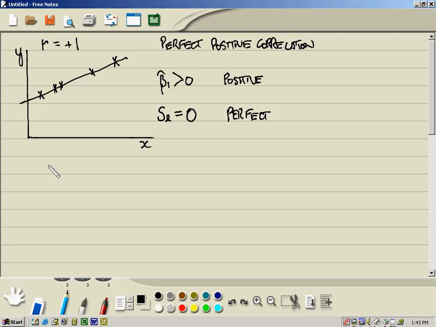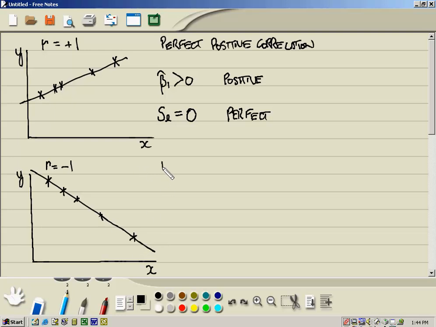Alright, let's look at the next situation where r is minus 1. This situation is similar in some sense, but now the relationship in the sample between x and y is downward sloping, negative, and all the points lie again on that same straight line.